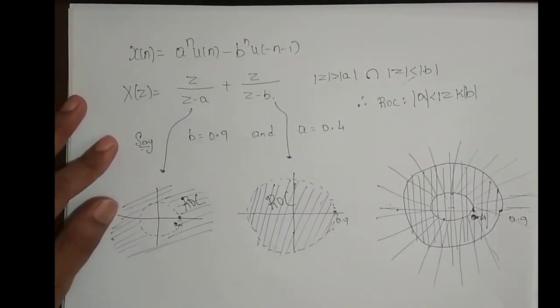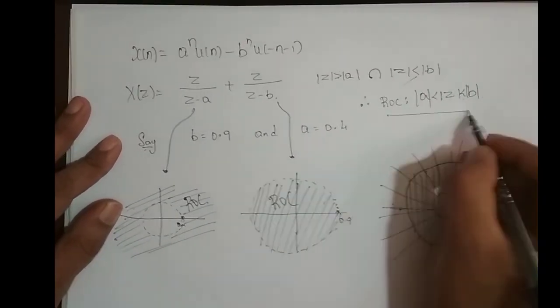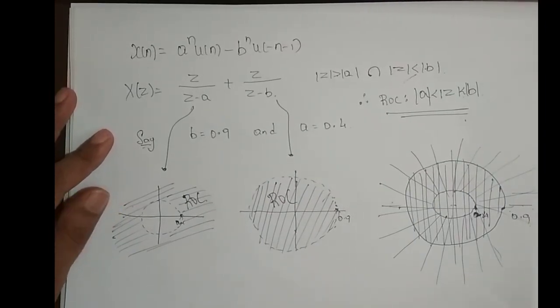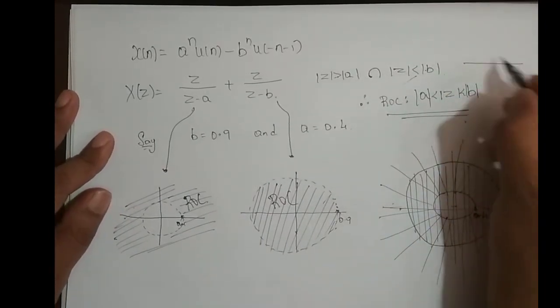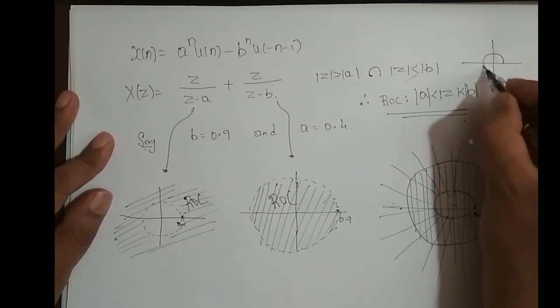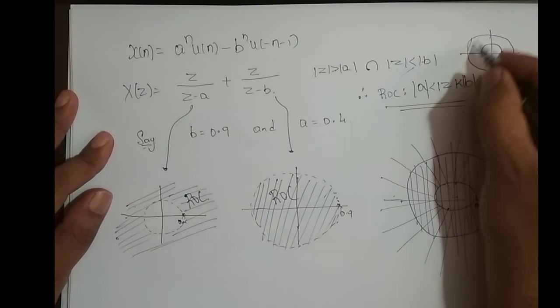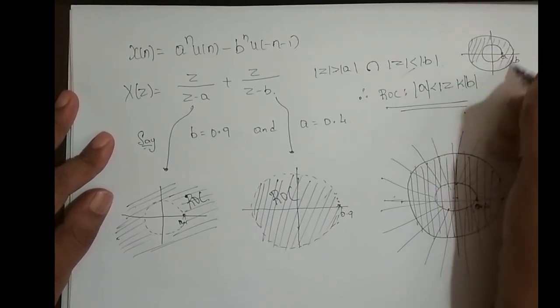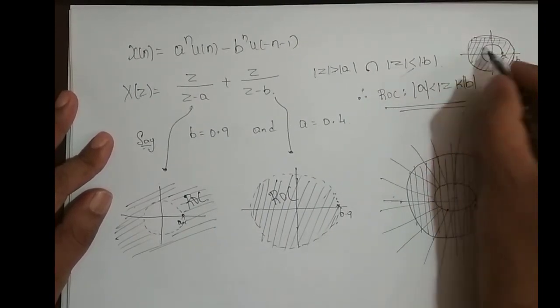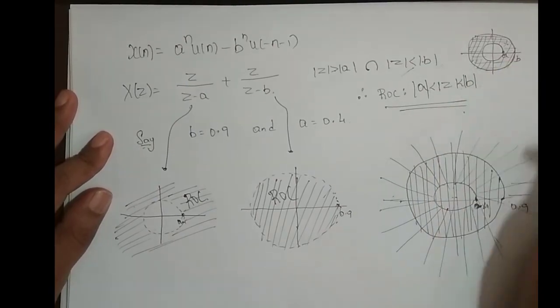Magnitude of z in between magnitude of a and b. So this is the ROC, or if I write it in a separate way, this is actually for a and this is actually for b, and the ROC is in between a and b. So this is the ROC of an infinite length double-sided sequence.